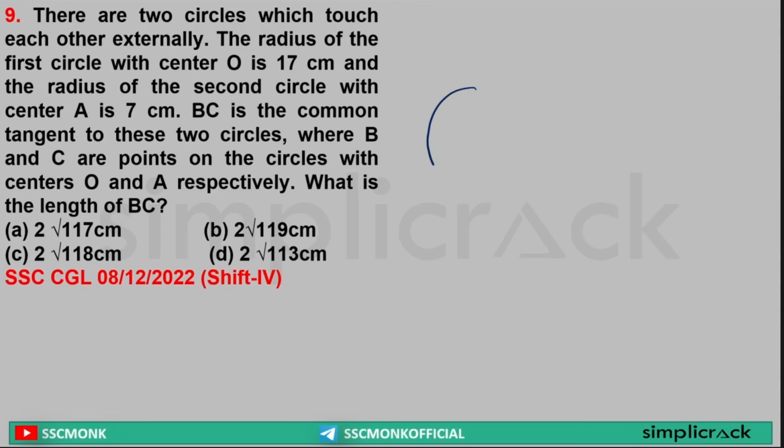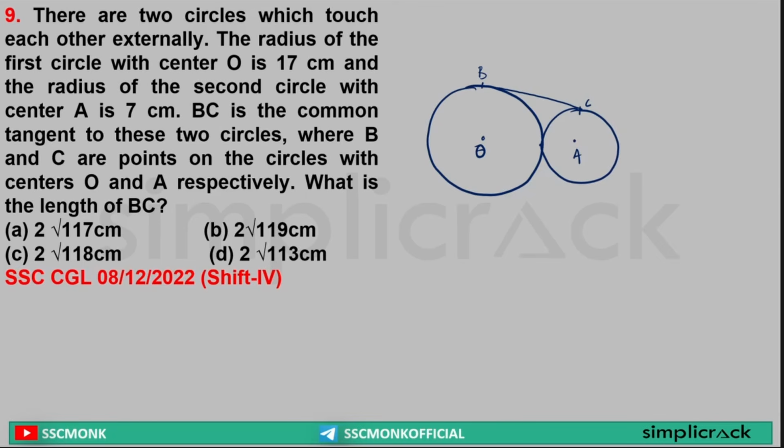Let's say this is a bigger circle with center O and this is a smaller circle which touches this circle externally, at this point, and its center is A. Now it is saying there is a tangent, where point B is on the circle with center O and point C is on the circle with center A, and this is the tangent. It is asking what the length of the tangent is.